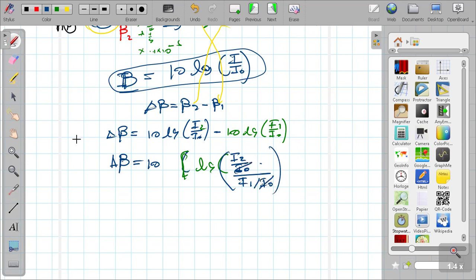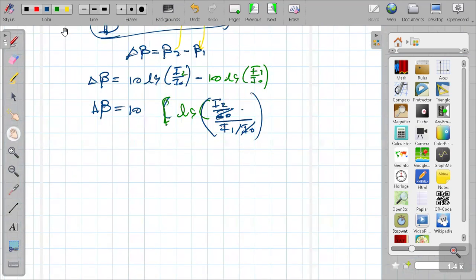I naught and I naught cancel off. So this becomes 10 Lg I2 over I1.